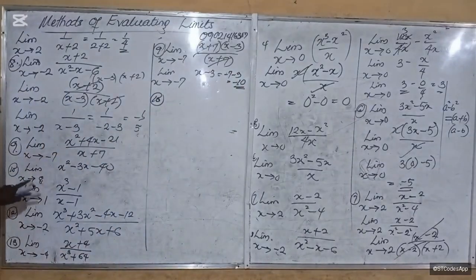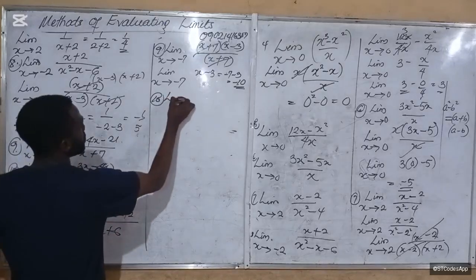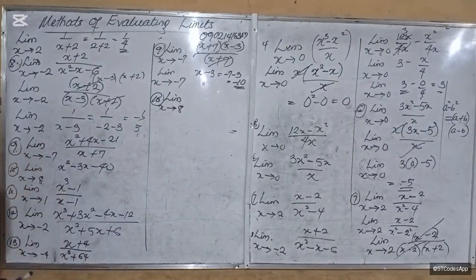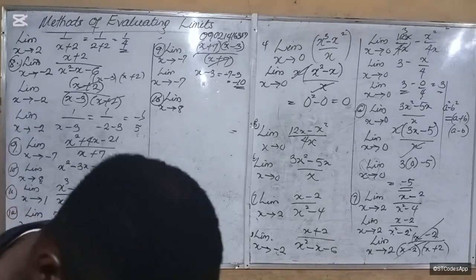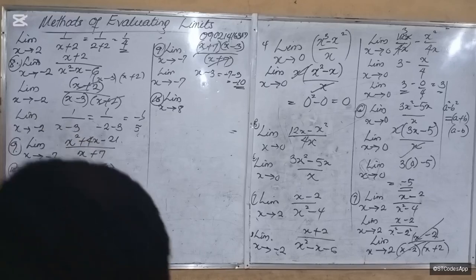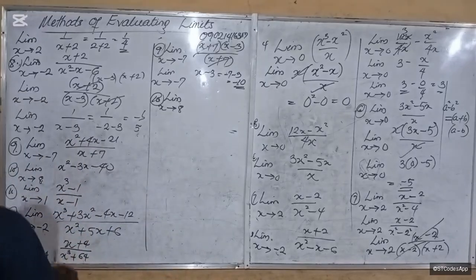Number 10 says the limit as x approaches 8 of, I think I copied the wrong question. It's supposed to be over something, over x squared minus 8x.